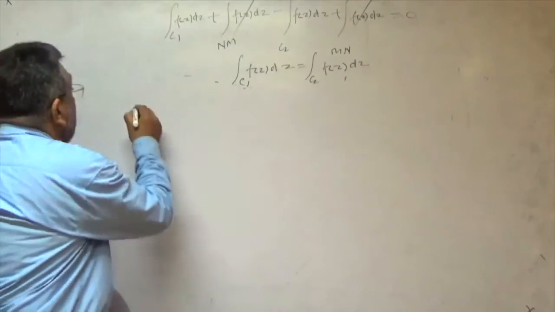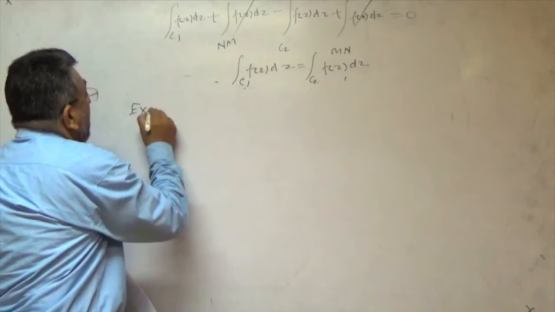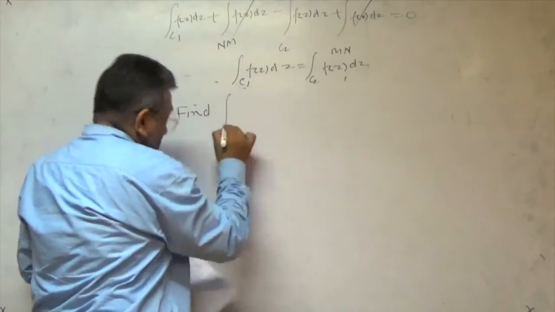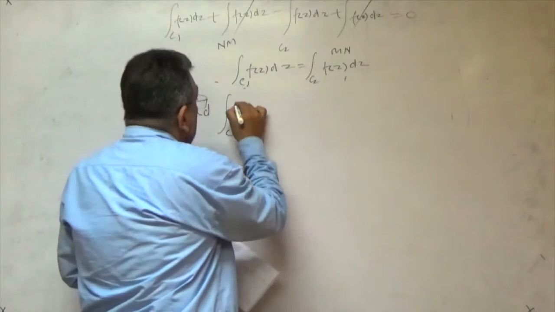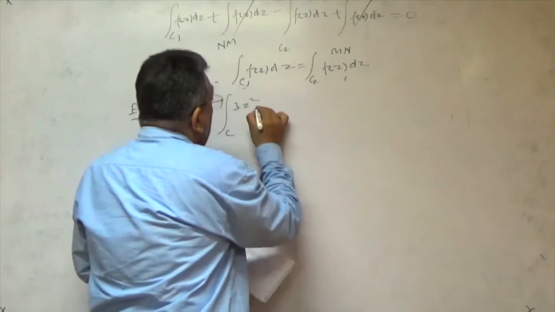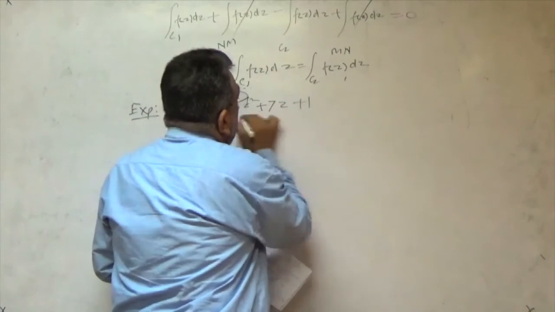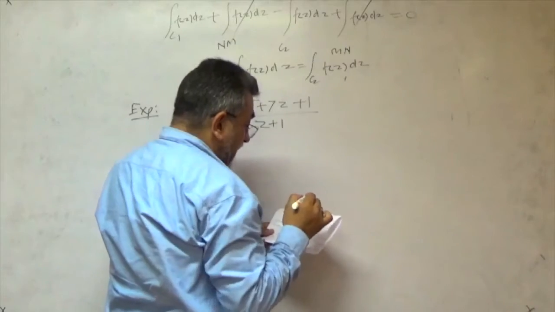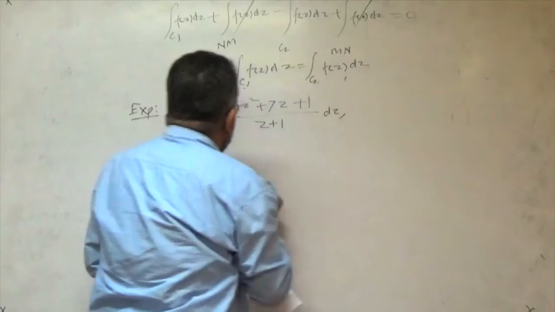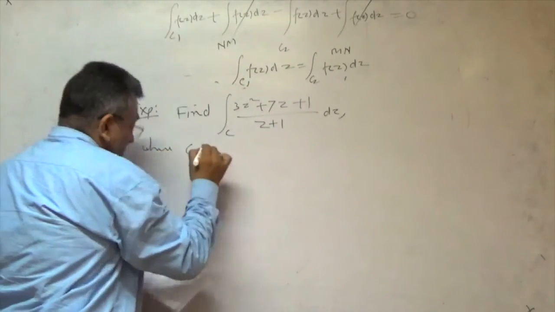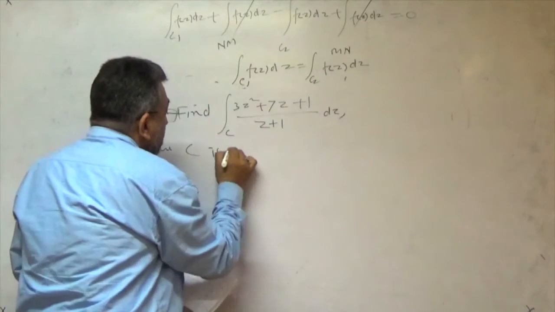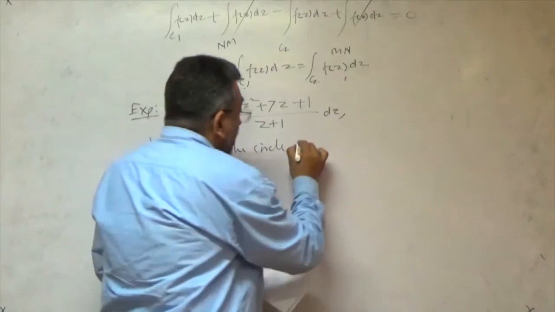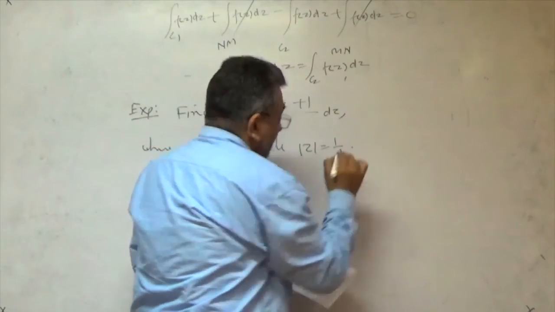So first we take an example here. Find the integral over C of (3z² + 7z + 1) upon (z + 1) dz, where C is the circle |z| = 1/2.